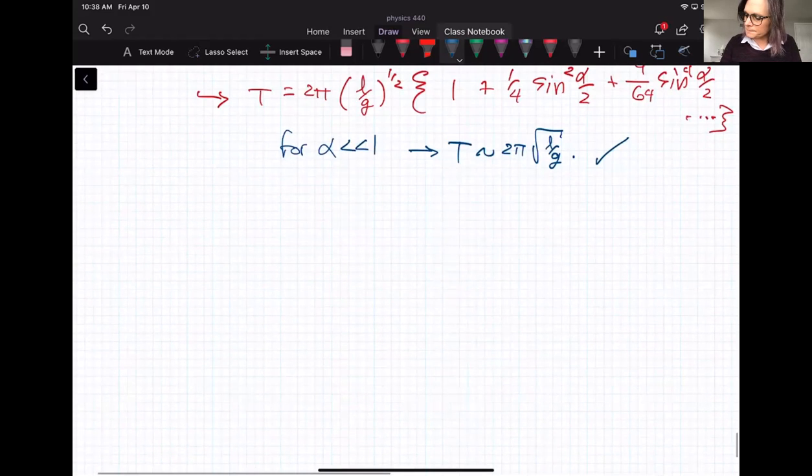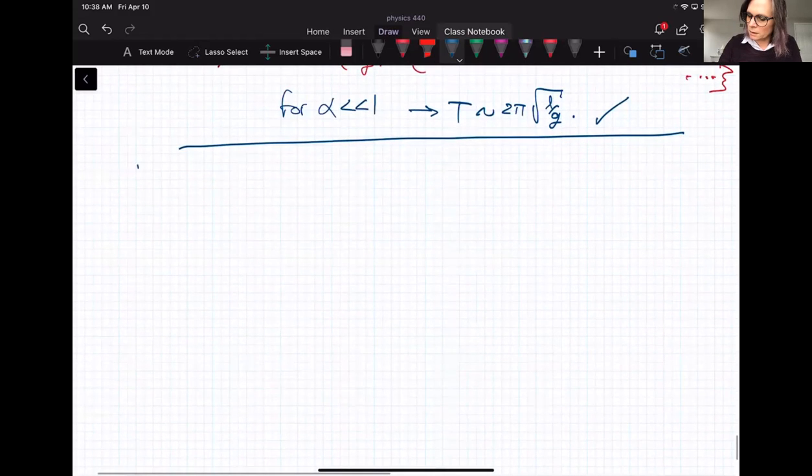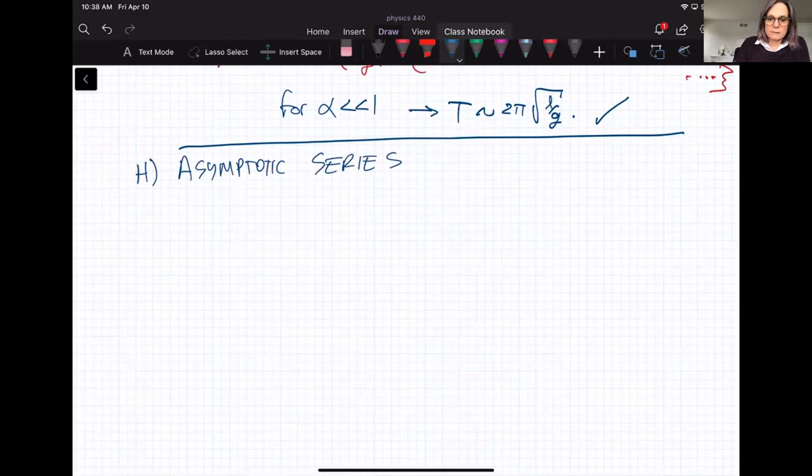Last section of this first week is a section on asymptotic series. What are asymptotic series?